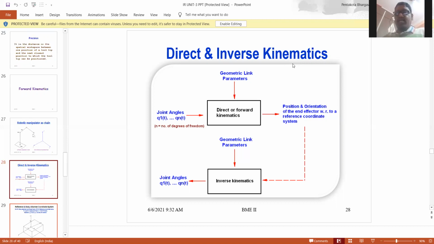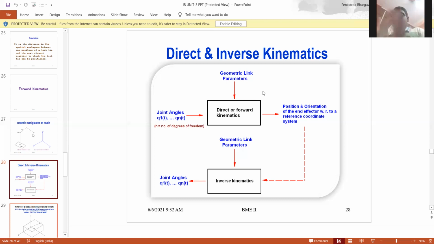First of all, the geometric link parameters will be considered, then the joint angles, and after that the position and orientation of the end effector with respect to a reference coordinate system, that is the xyz parameters. And next you go to the inverse. The difference between inverse and forward is that forward is the forward movement and inverse is the inverse movement.